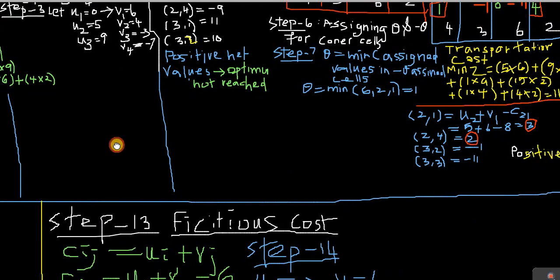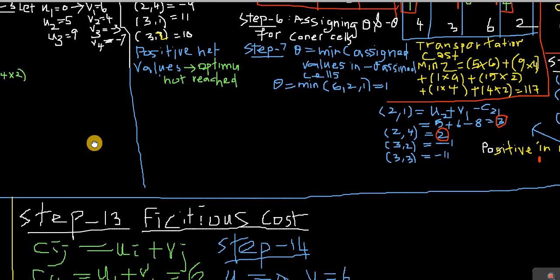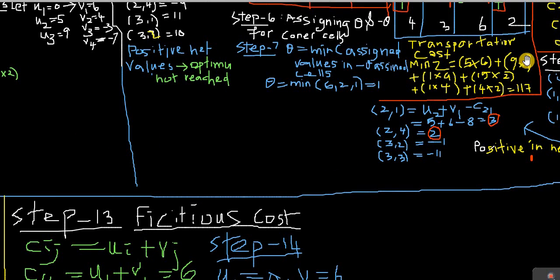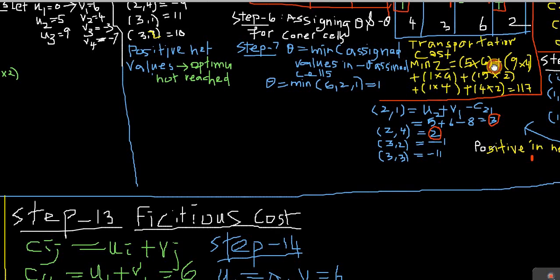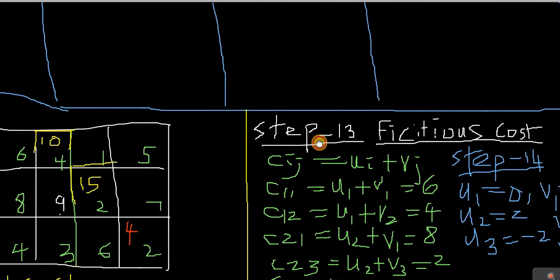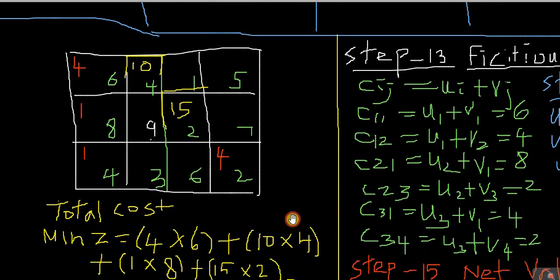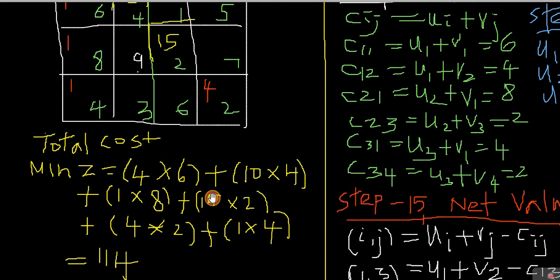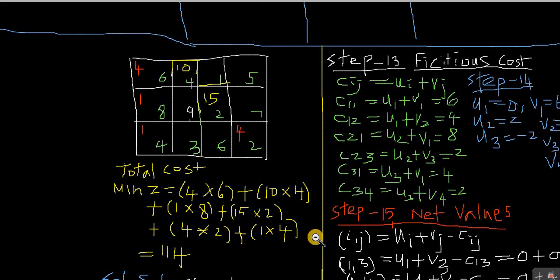Then, after doing all these mathematical calculations, the total cost was 117. It was reduced from 128 to 117. Now, after the third cycle, we have got the total cost as 114 rupees. So 3 rupees less than the previous cycle.